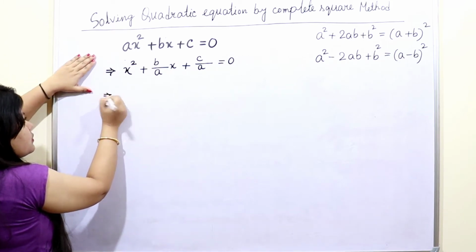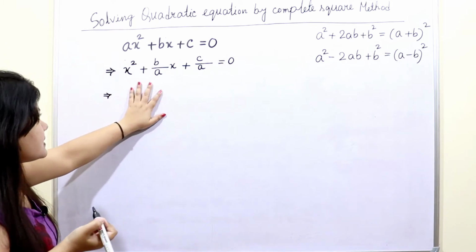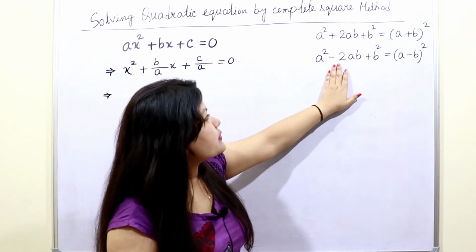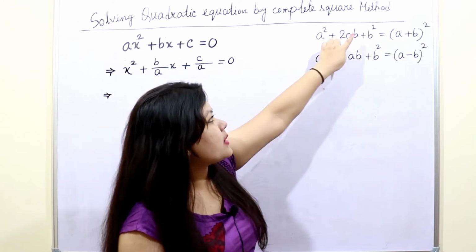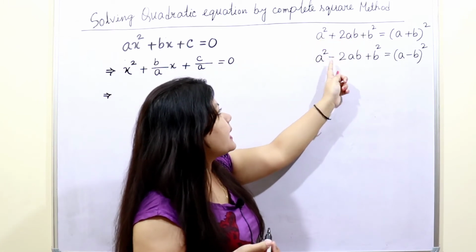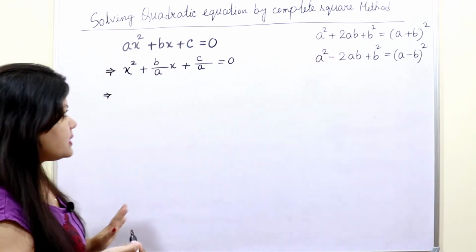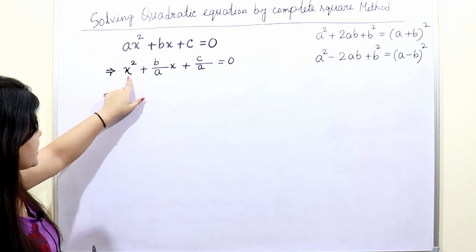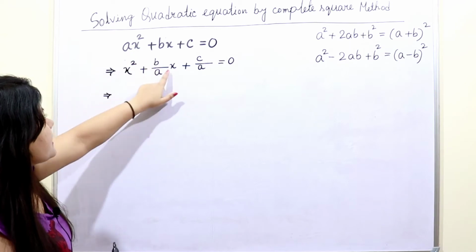Now see, we have to make this expression in this form: a square plus 2ab plus b square, or a square minus 2ab plus b square. Here you can see this is the x square term, then this is b by a x.